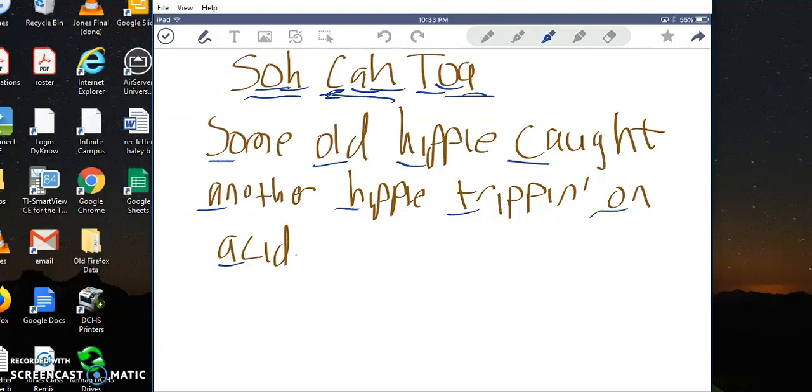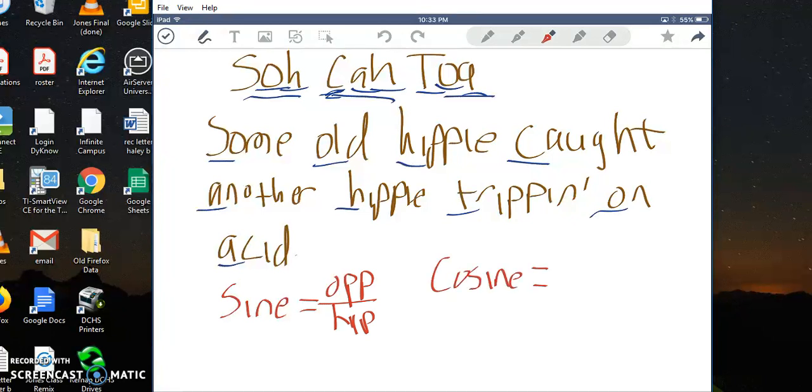Okay, so we're dealing with right triangles, and this is how we find the lengths of the sides and things like that. The SOH part is sine equal to opposite over hypotenuse. Cosine is equal to adjacent over hypotenuse.